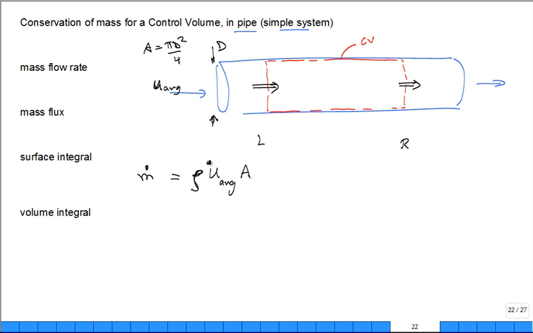Well, I don't like to use the symbol Q. Some people do. Q would be a volumetric flow rate.